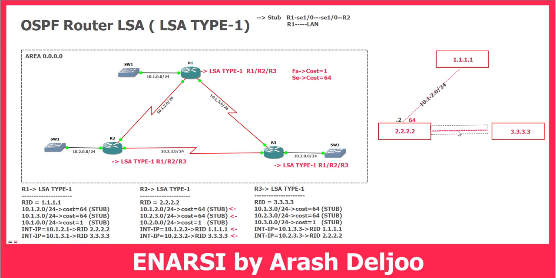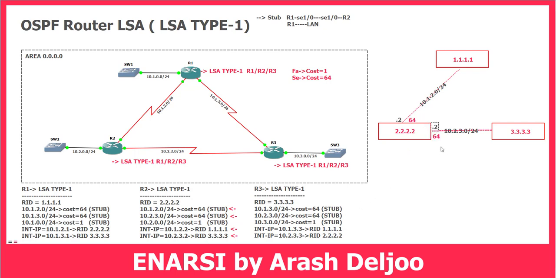You know that from router 1 we are drawing this topology, and we know the range of this link is 10.2.30.0/24. Why? Because here in the LSA type 1 content we can see 10.2.30.0/24. That is the range of this network, the cost of this link is 64, and the IP address of router 2 is 10.2.30.2.